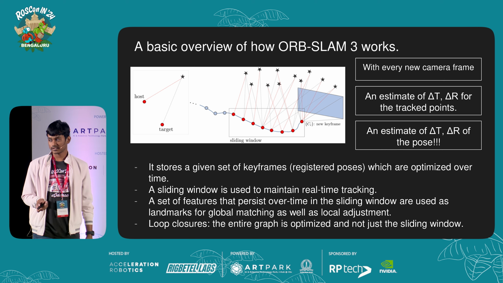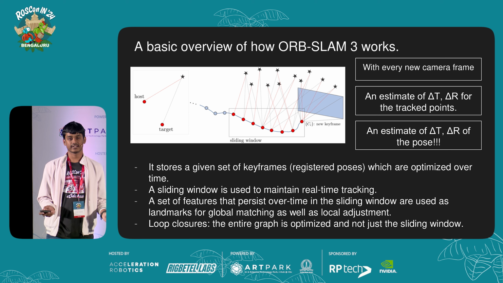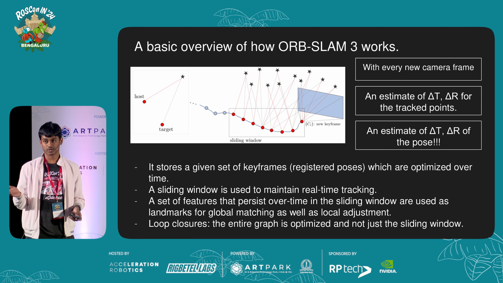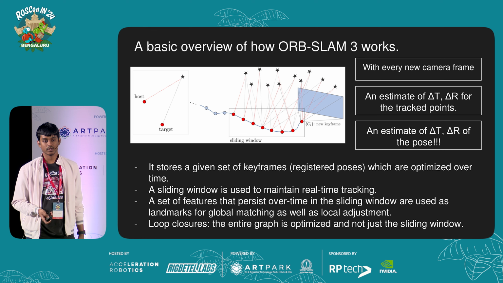Now, before we get started, we obviously have to know how OpsLam 3 works. It's basically a visual SLAM algorithm, a very famous one, and at the very core, it uses ORB feature descriptors in the sense that it detects features in your incoming image stream, and it looks at how they change over time, over multiple frames, and then therefore estimates the pose of your camera.